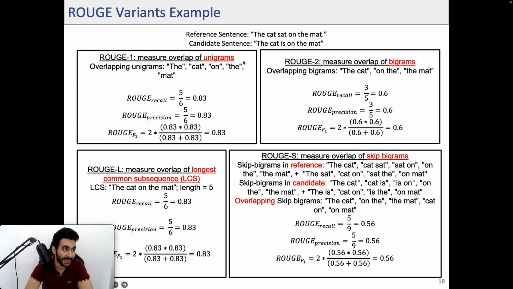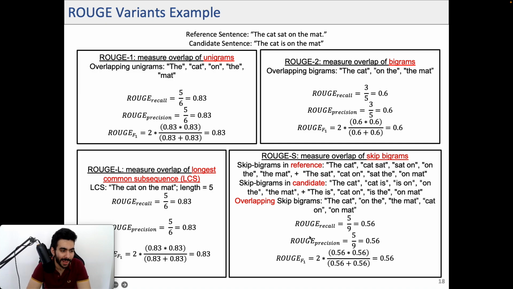So let's go also to the candidate and see what it looks like. Normally the bigrams are put as they are, and then we skip "cat," putting the "is," then skipping "on," skipping "is," then it's going to be "cat on," and so on and so forth.